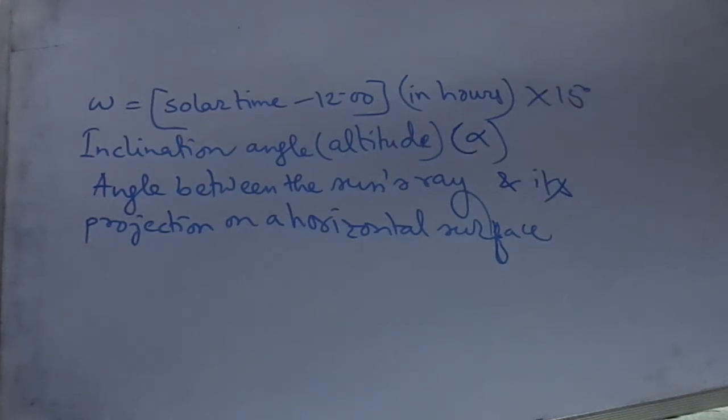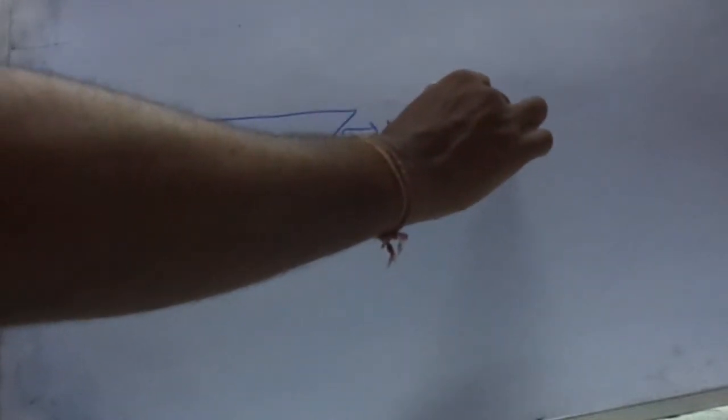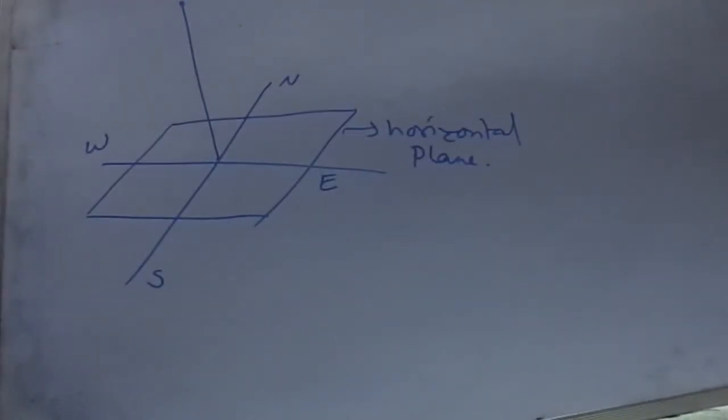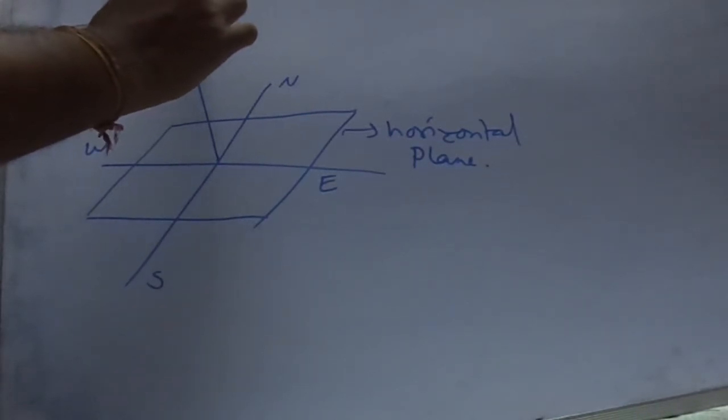If you draw the diagram, first, this is the horizontal plane, with west and east, and that is the north-south direction.